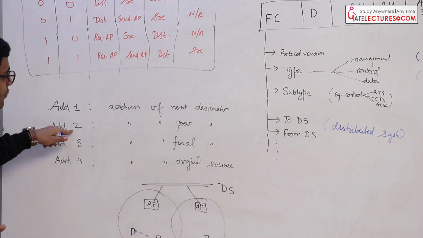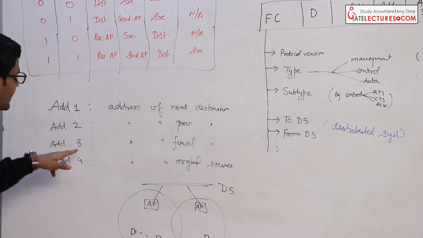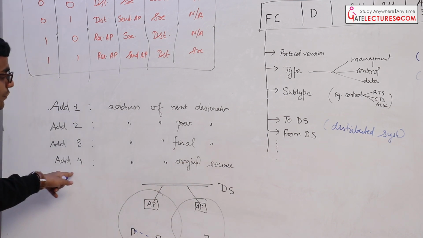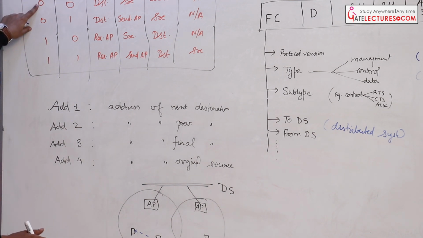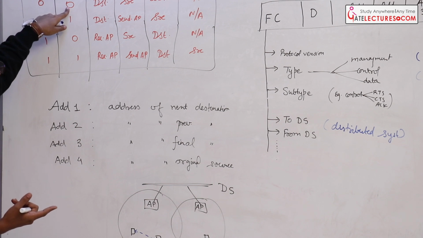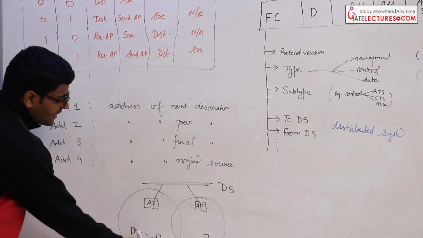In address 2, we specify the address of the previous hop. In address 3, we provide the final destination address, and in address 4, we have the original source address. So in the first case, the packet is not going to the distributed system and not coming from the distributed system, meaning the station is communicating directly.